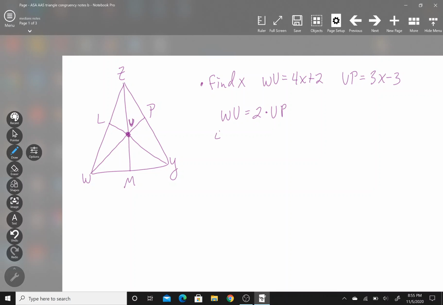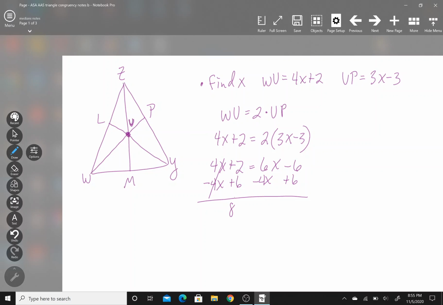So WU, that's 4X plus 2 equals 2 times 3X minus 3. So 4X plus 2 equals 6X minus 6. And then we just solve for X like normal. Minus 4X, minus 4X. I'm going to add 6 and add 6. So 8 is equal to 2X. And so divide by 2. So X is 4. All right, very good.